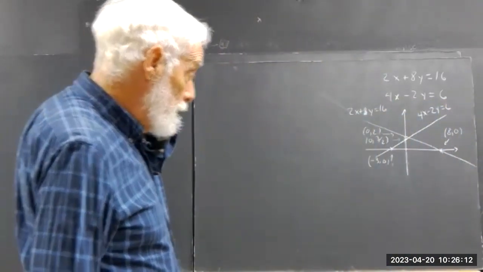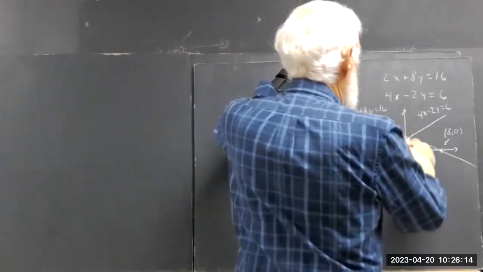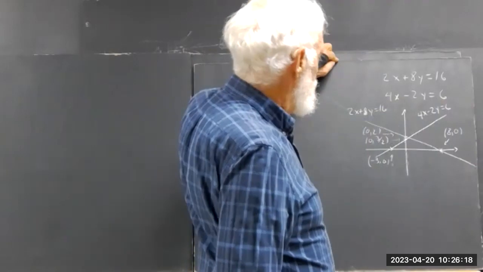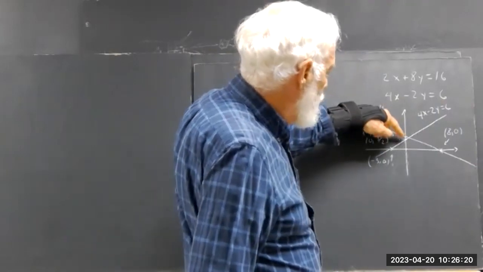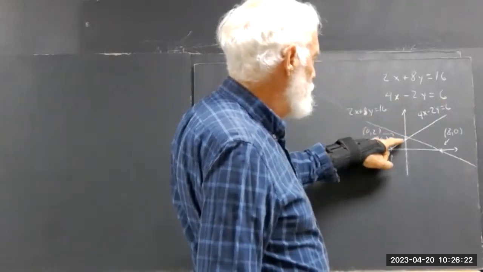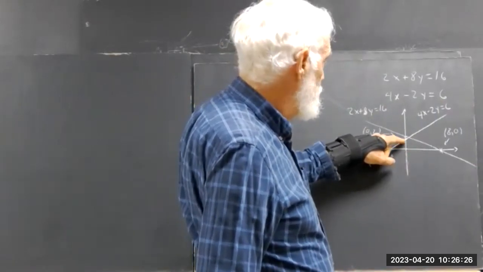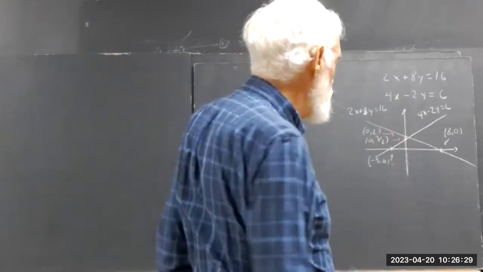And I've got a picture, so I try to estimate the coordinates of this point. Well, it should be clear that the y coordinate of this point is just a little less than 2. So if 1 is here and 2 is here, I'm going to estimate that y coordinate.